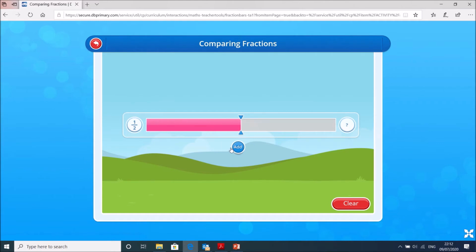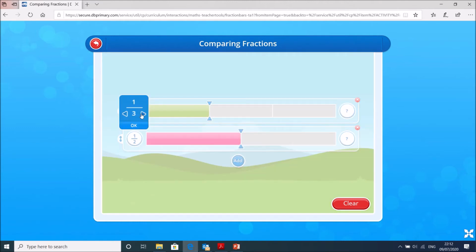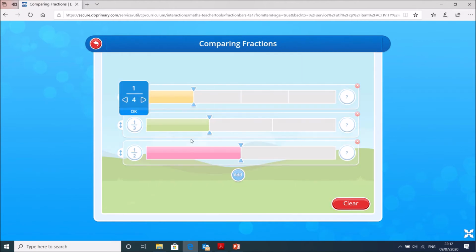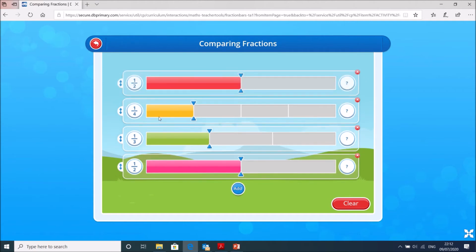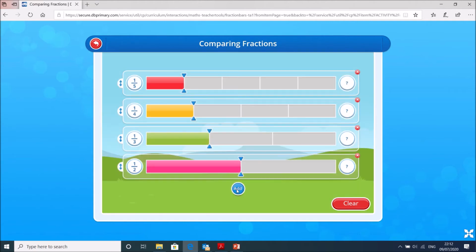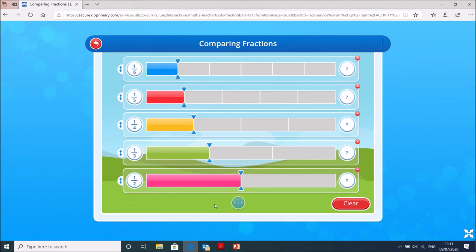I'm not sure why that is, but if we take a half and we'll make this thirds, we'll make this quarters, and we'll make this fifths, and we can make this sixths. There we go. So we can see that a sixth is smaller than a half, because if you divided something into 6 pieces, the pieces will be smaller than if you only divided it into 2 pieces.